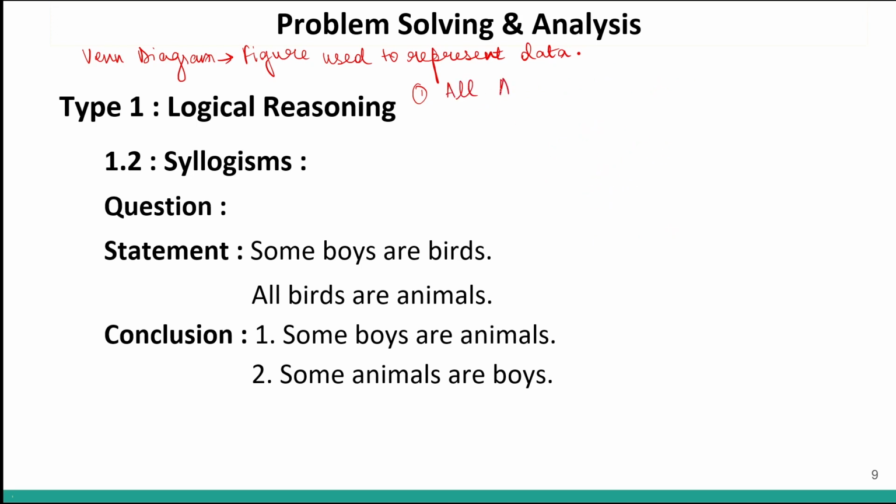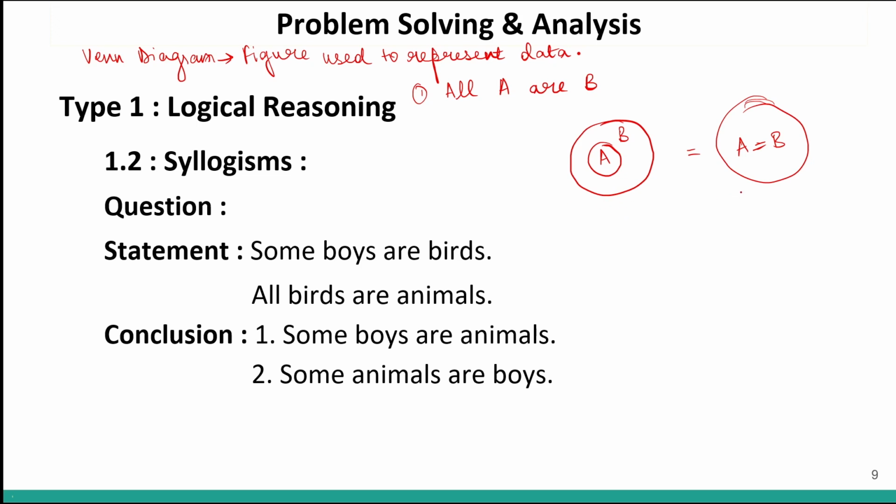All A are B. So if this is my A, this will be my B. Either this, or we can write it like this, that A equals B. If all A are B, this can also be a representation, but this is a more true representation.